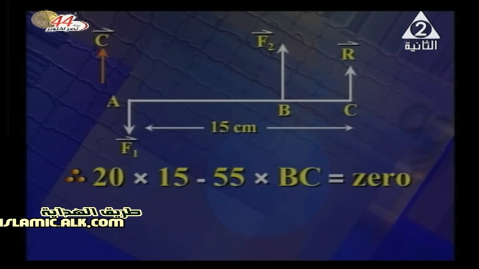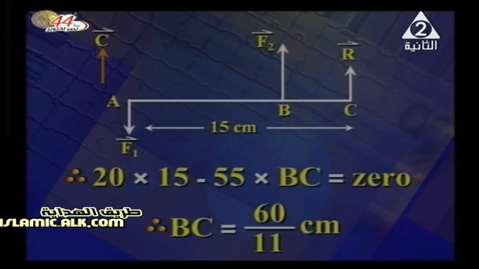We find the moment about point C. Then F1 equals 20 times 15, the distance AC, minus 55, the magnitude of F2, times BC equals 0. After that, we find the value of BC. Therefore, BC equals 60 over 11 centimeter.